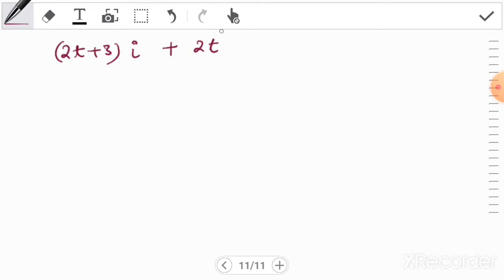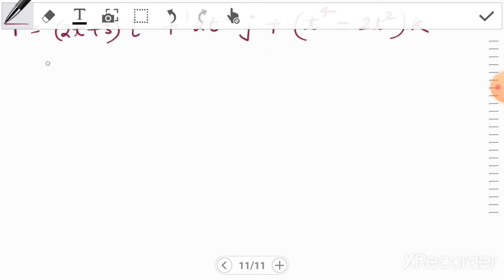So that is 2t raised to the power 5 j, plus (yz minus x), that is t raised to the power 4 minus 2t square. Okay, so this is f.